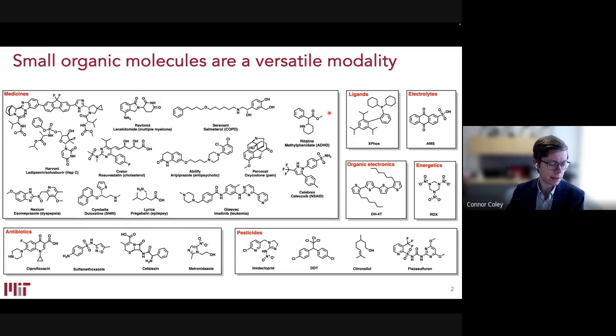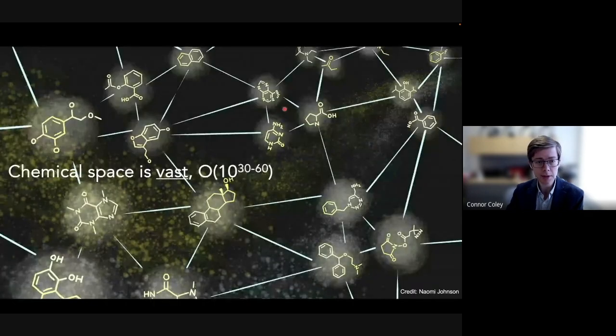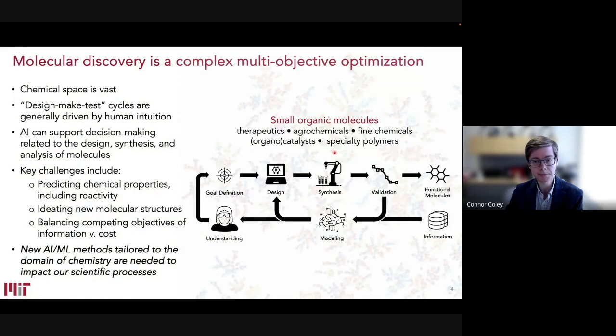And I think it's very interesting to think about small molecules as this design modality, because the same opportunities to achieve this wide range of function mean that it can be quite difficult to find the right structures that have those functions. People like to estimate the size of chemical space and think about the vastness of this search space. And so we can think about addressing this complexity and this vastness with different sorts of computational tools.